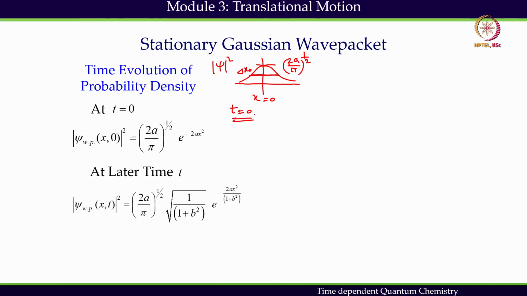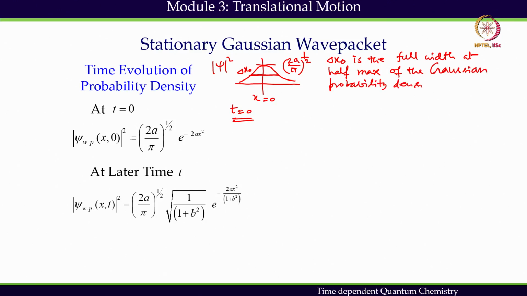Delta x naught is defined as the full width at half maximum of the Gaussian probability density profile.